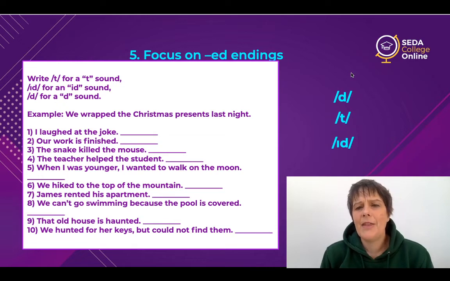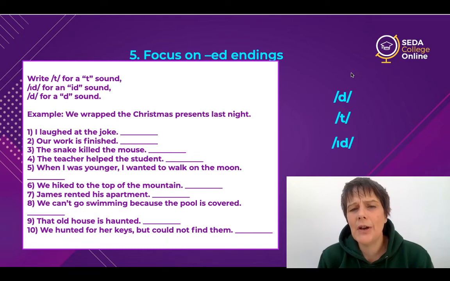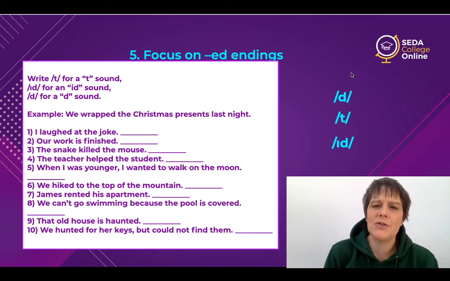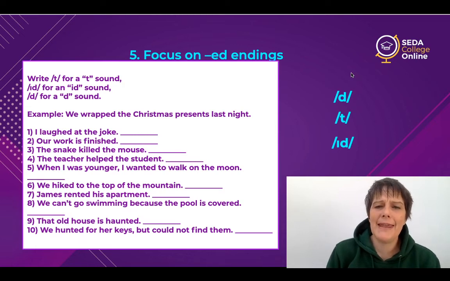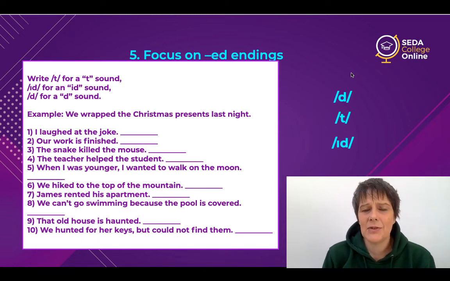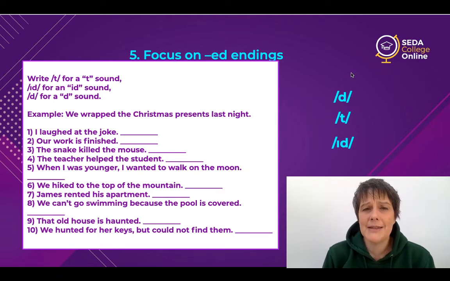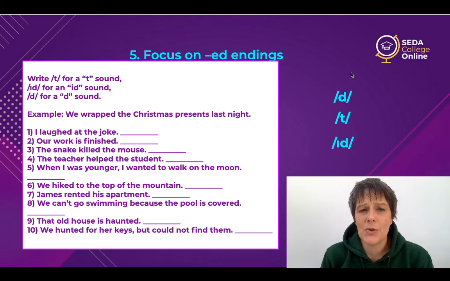And the point is that id is maybe only around a third of the times. Mostly we say d or t. And d and t are actually really pretty similar, so it doesn't really matter so much if you get those 2 wrong. But if you put an id on there and you add this extra vowel that we don't have, it sounds very wrong. Your pronunciation doesn't sound good.